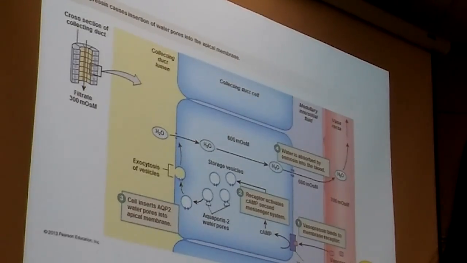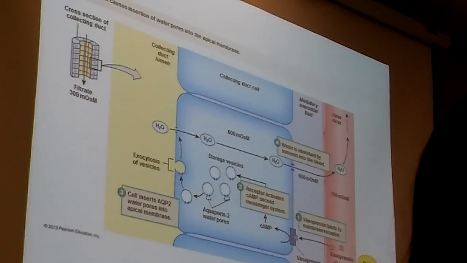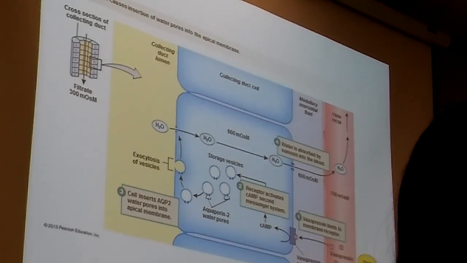So what do diuretics do? They cause you to what? Pee. They're going to increase the urine volume. If you have antidiuretic hormone, what's it going to do to the urine volume? Decrease. It's going to decrease the urine volume.